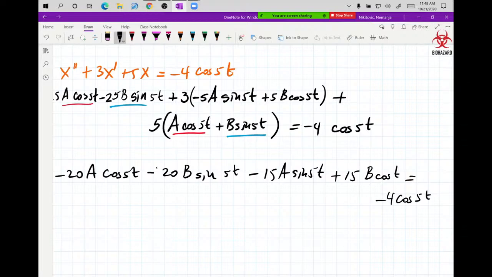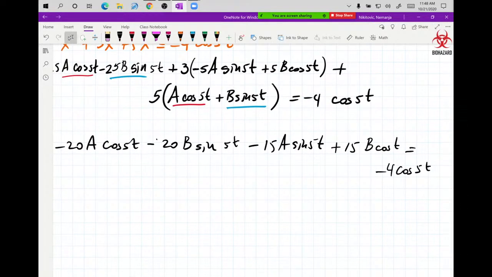So now you have the cosines, even though one is a, one is b. It doesn't matter when you divide both sides by the cosine 5t. I've dropped the 5 over here as well, so I'm going to make sure that's there.